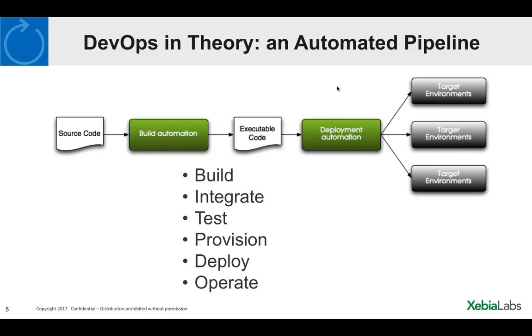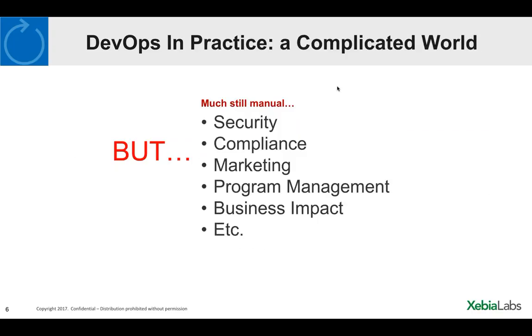In very kind of isolated, early stage applications or greenfield environments, this might actually be a realistic scenario. You might be able to put this together and be able to have this constant flow going on. But in reality, what we tend to see in organizations is really a much more complicated world.